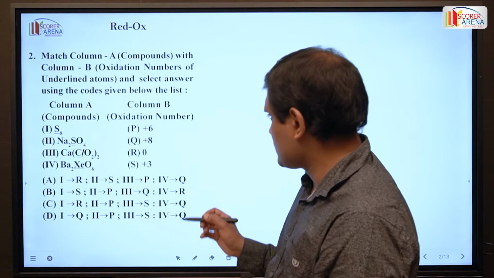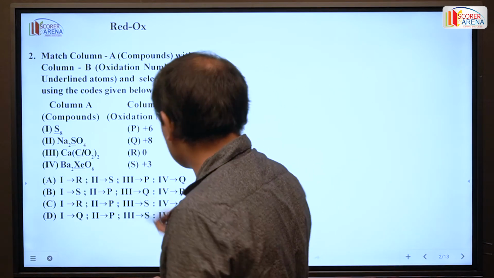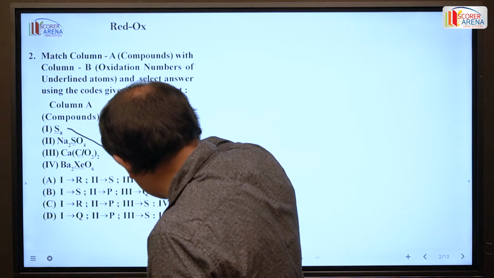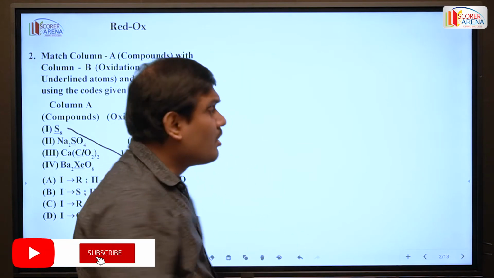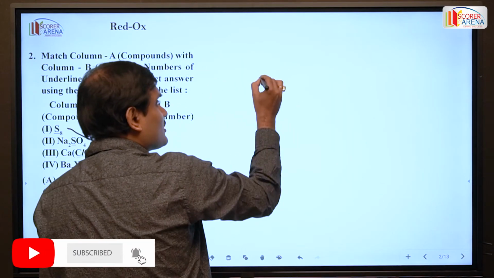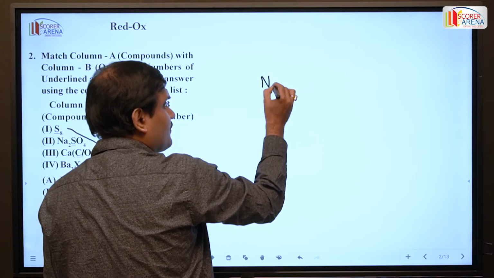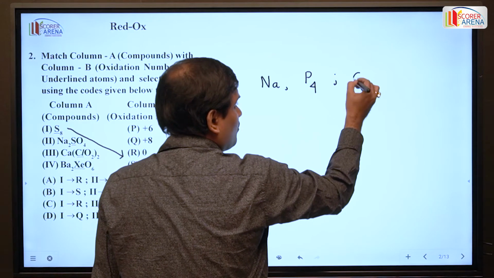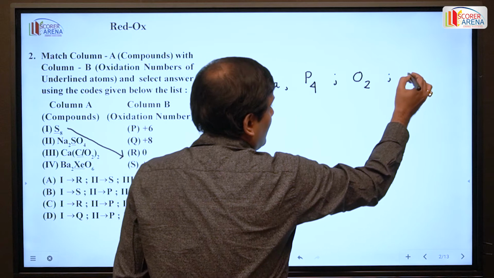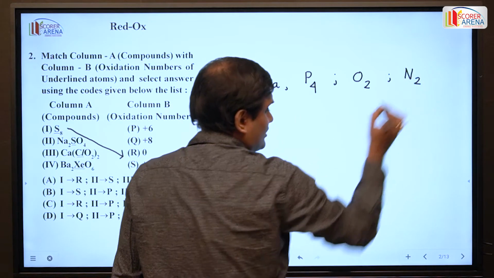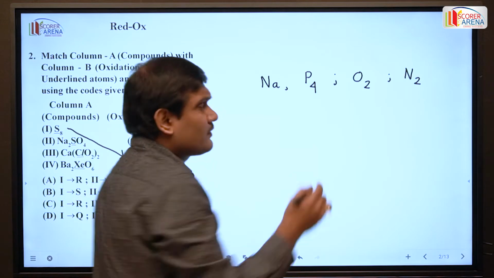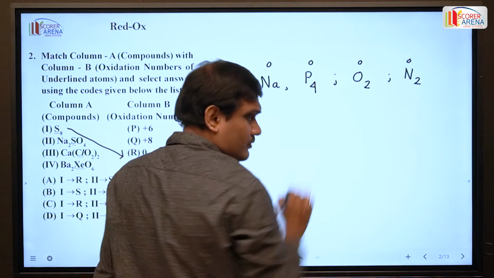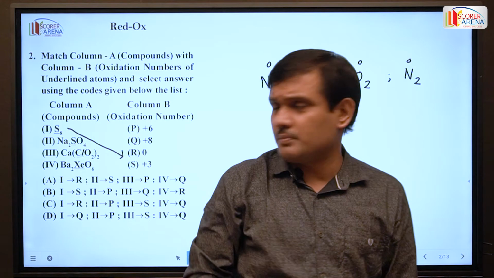So definitely sulfur S8 matches with R. The correct option matches with R. If any element exists in free state, like sodium, phosphorus P4, O2, or nitrogen, in all these cases the oxidation number will be taken as 0. So here S8 has the oxidation number 0.